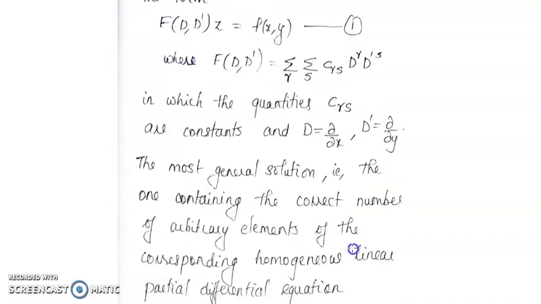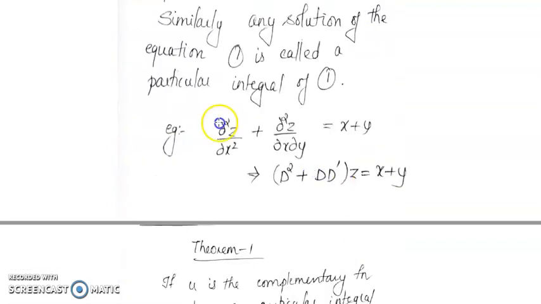For example, if you have the equation dou square z by dou x square plus dou square z by dou x dou y. If you look at each derivative, its degree is 1. This is a second order derivative, and its exponent is 1. Here you are differentiating twice with respect to x, so we represent it as D square, and here you are differentiating with respect to x, then with respect to y, so D D dash z.